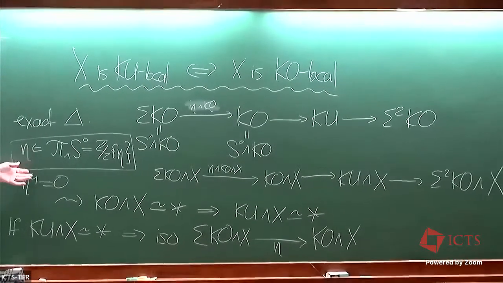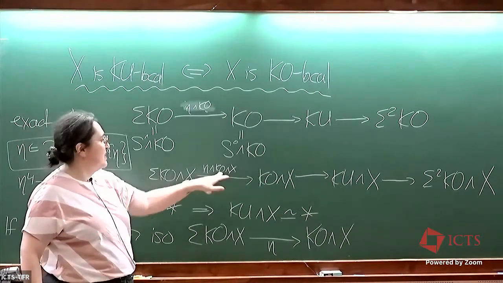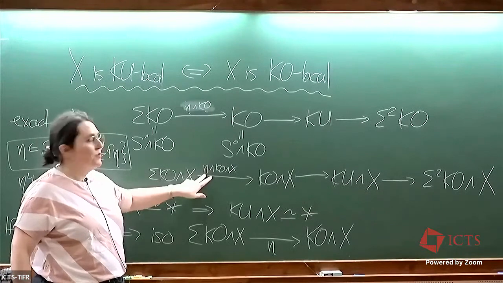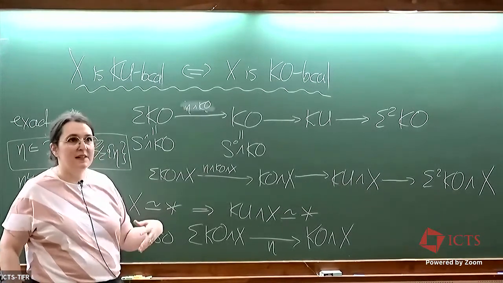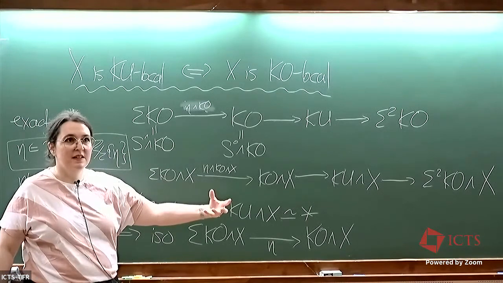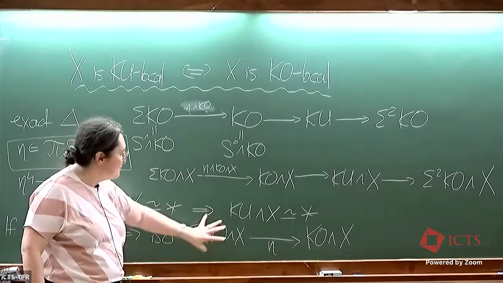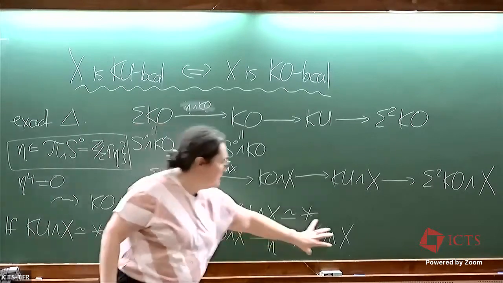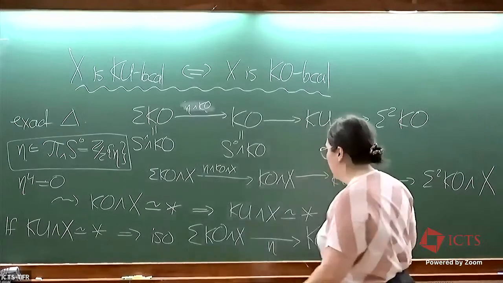It doesn't even matter. It's 0 to some power. So smashing with other stuff to the 4th power would also be trivial. But you can't be nilpotent and an isomorphism at the same time, unless, of course, this thing itself was 0.